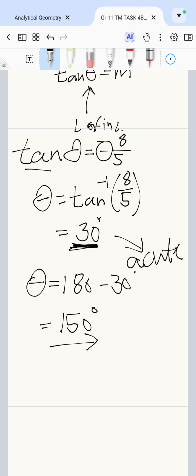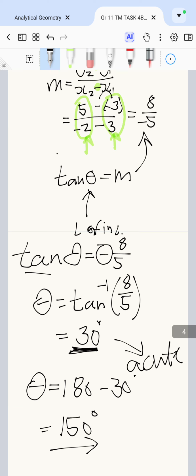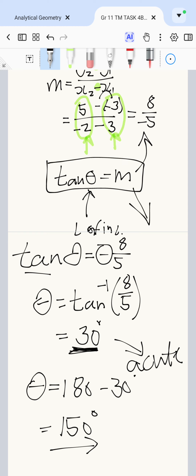So just take note of this. Tan theta equals m is the equation for your angle of inclination, m being your gradient. Theta needs to be from the positive x-axis to our line. I think that's sufficient.